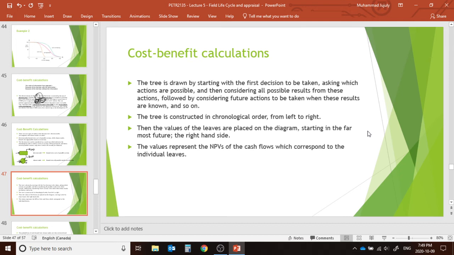Then we would consider all the possibilities, followed by considering the future actions. The tree is constructed in chronological order from left to right. Then the values of the leaves are placed in the diagram, starting from the farthest future on the right side, and the values represent the NPV of the cash flow with the corresponding individual leaves.